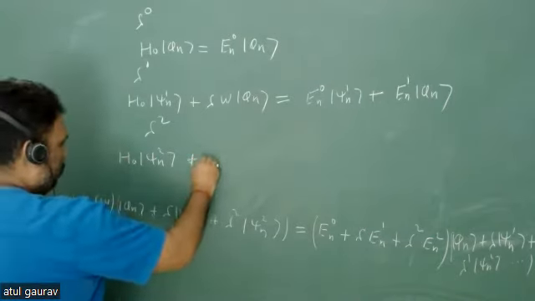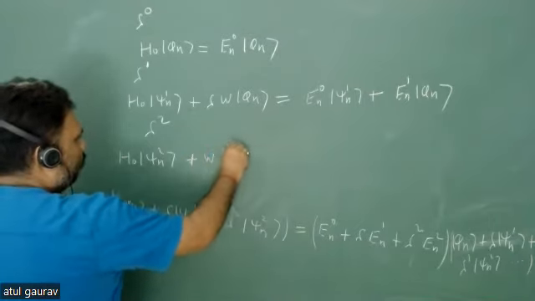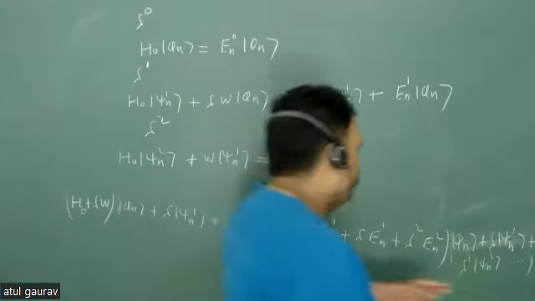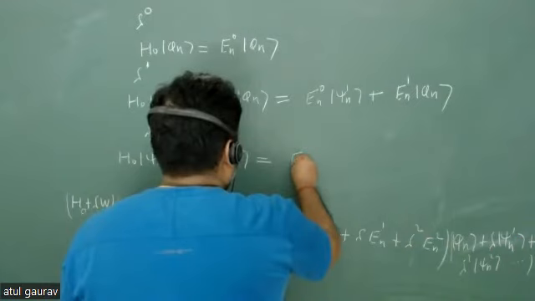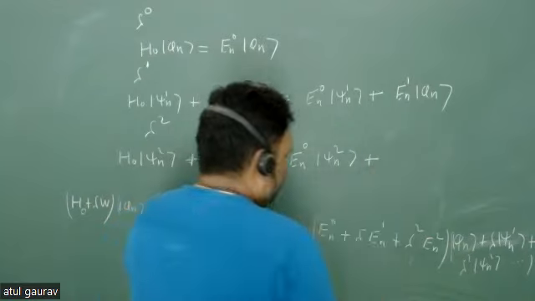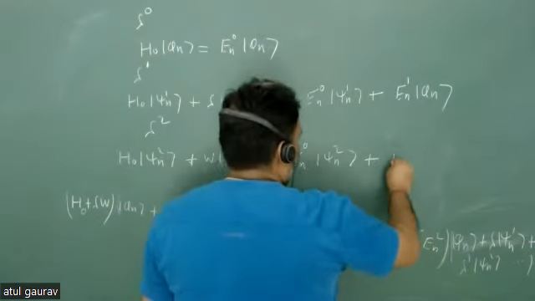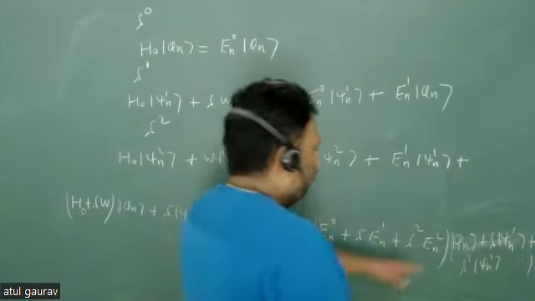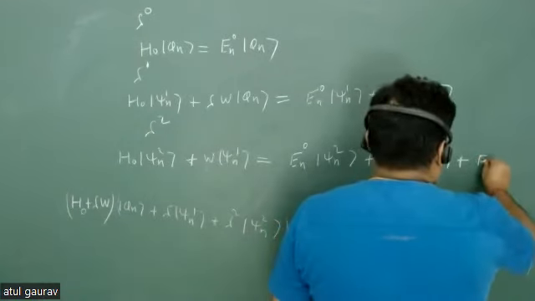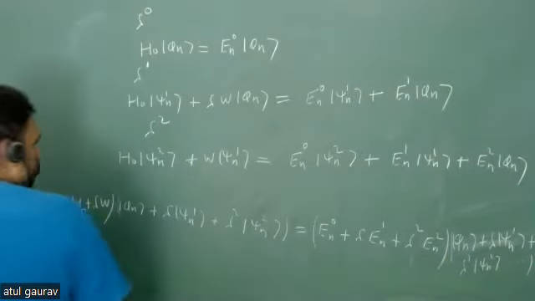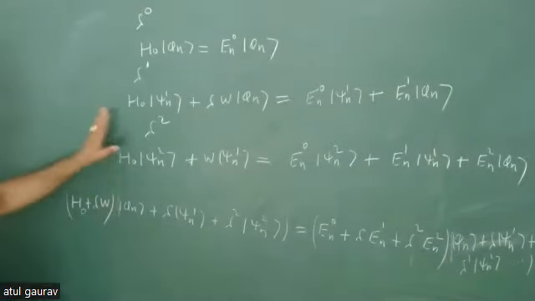So you have H naught psi n2 plus W psi n1 is equal to, on this side, En0 psi n2 plus En1 psi n1 plus En2 phi n. Okay, great. Similarly, you can go for the next higher level, but we have to just go up to this particular point.